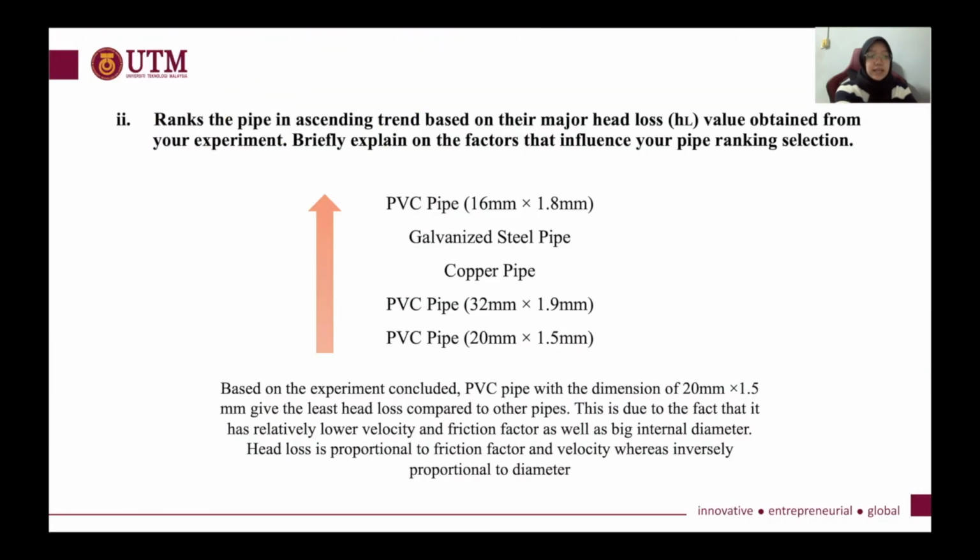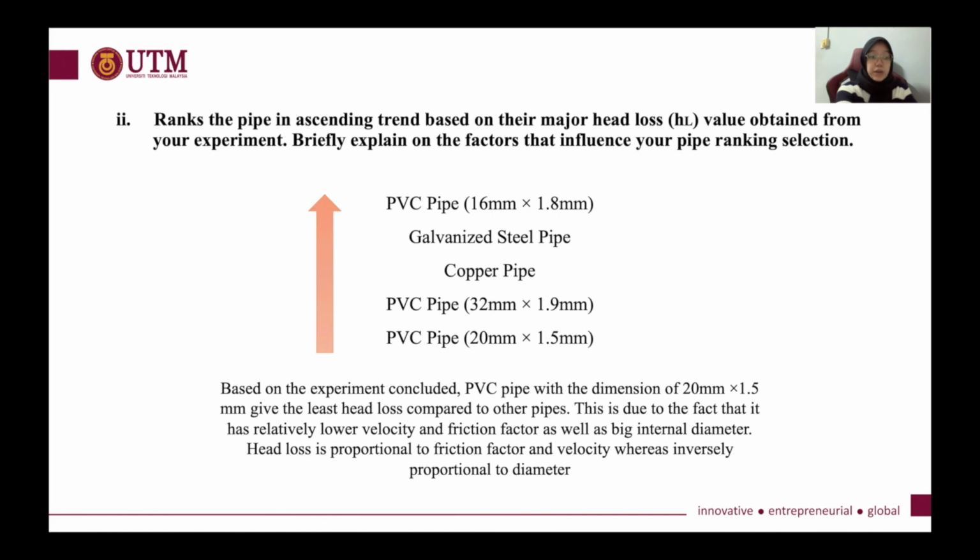Alright, so this is the ranking in ascending trend: the lowest one is PVC pipe 20 mm times 1.5 mm, followed by PVC pipe 32 mm times 1.9 mm, then copper pipe, then galvanized steel pipe, and the highest one is PVC pipe 16 mm times 1.8 mm.